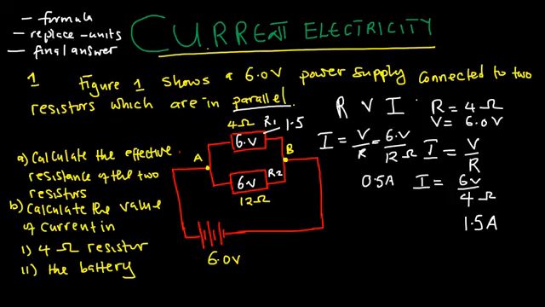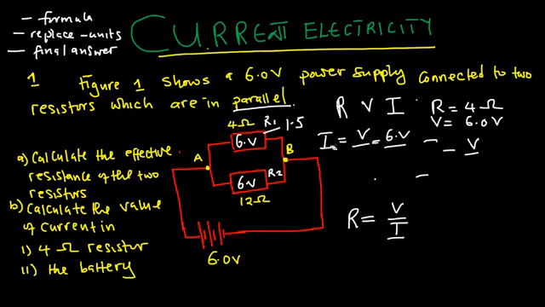Okay, so what is the other question that you are calculating here? They are asking us to find the current in the battery. If you are asked to find the current in the battery, you are going to use the same formula, resistance is equal to voltage over current. But you ask yourself, what has changed this time?